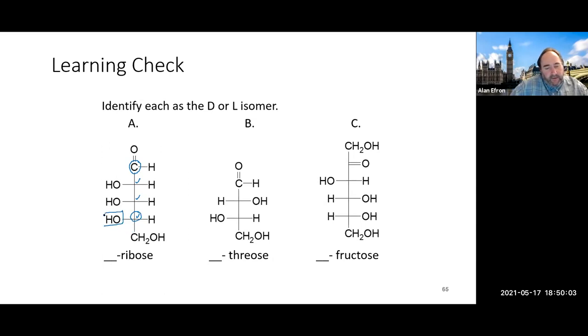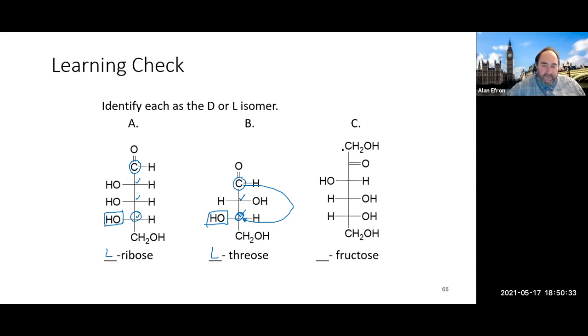We see the OH group there is on the left, so we would expect this to be L. Same approach here: carbon-oxygen double bond, that is a chiral carbon, that is a chiral carbon, which means this is our last chiral carbon from the top. Again, we see the OH group is on the left, so that would be L as well.